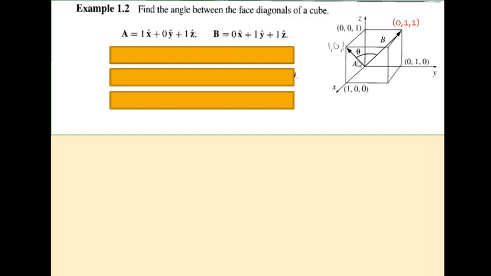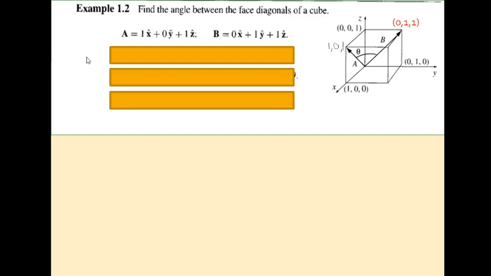Now vector a is in the xz plane, so naturally the x and z coordinates are available. Vector b is in the yz plane, so the y and z coordinates are available. This is about a unit cell, so naturally the maximum coordinate along an edge will be 1, and therefore the plane coordinates of vectors a and b are something like 1, 0, 1 and 0, 1, 1.